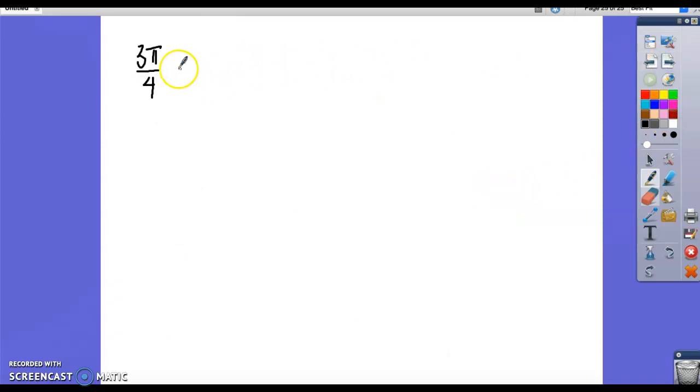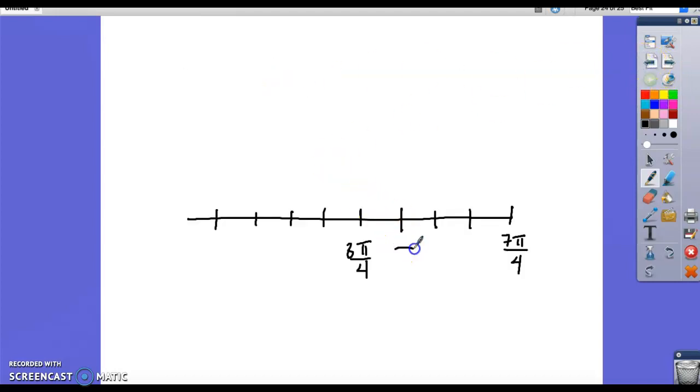When I'm figuring out these critical points, I'm adding pi over 4. Oops, that's not 5 pi over 4. That is 4 pi over 4, so that's pi.